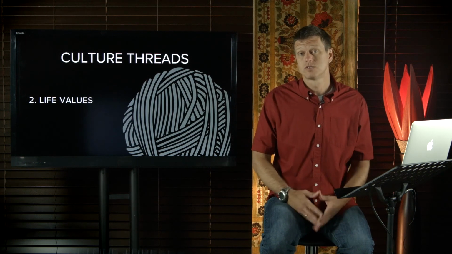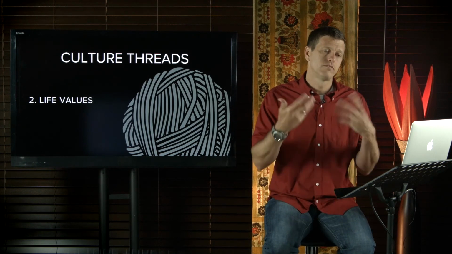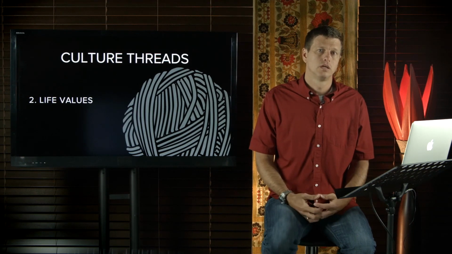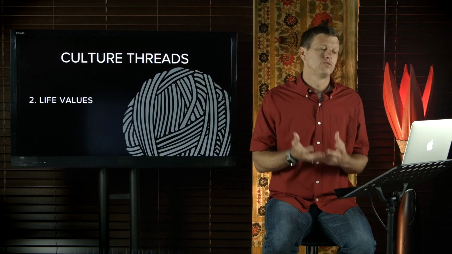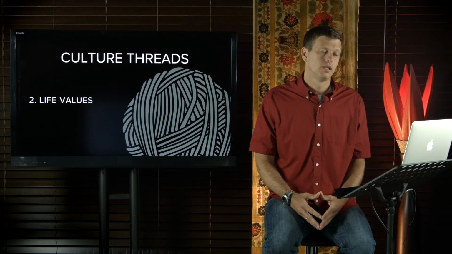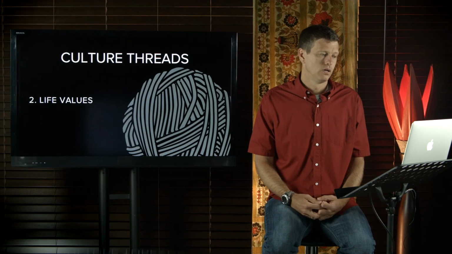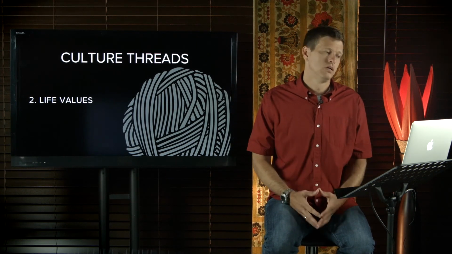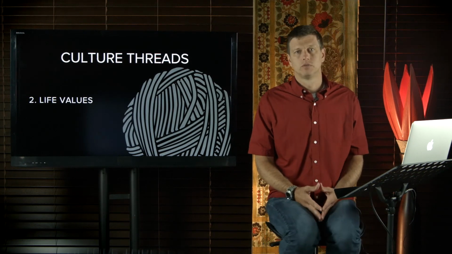We'll see evidences of all of that, and that all has to do with the authority structures that are present in a society. So we're moving our way through some of these common life values in our second category here of cultural threads, the ways that we want to understand culture manifest in real time, in real situations.